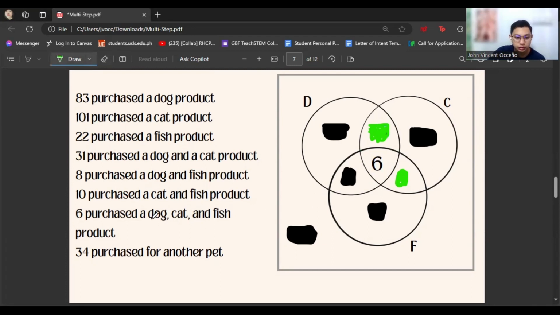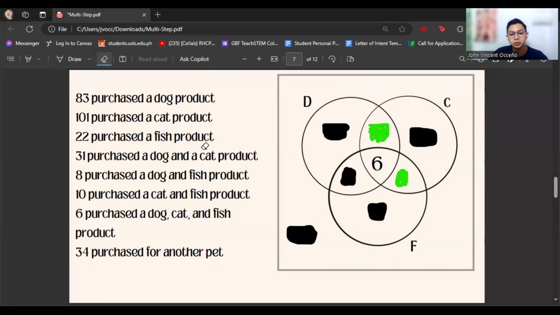Now, moving upwards, 10 purchased cat and fish product. So this is the intersection for the fish. Remember, we do not directly put the 10 here. Why? Because there are already 6 who purchased dog, cat, and fish product. So here it is already included.